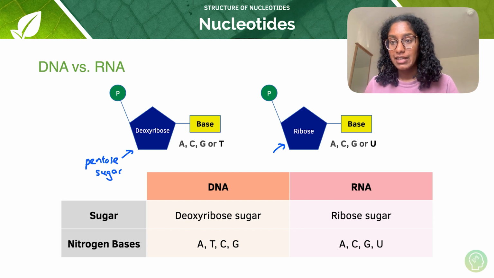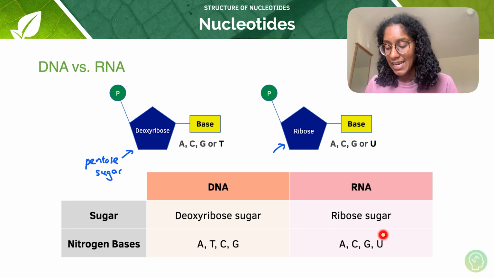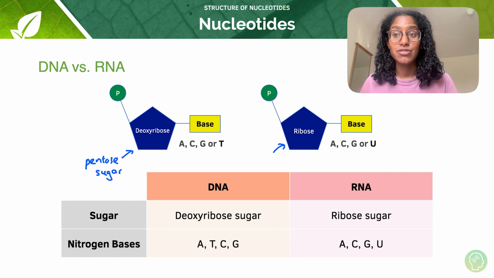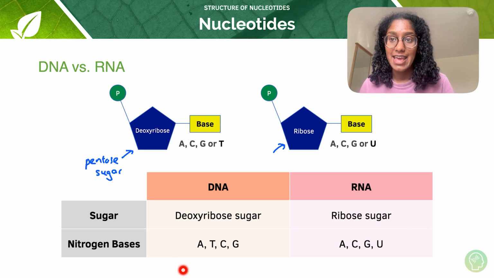DNA contains the bases adenine, thymine, cytosine, and guanine, whereas RNA contains adenine, cytosine, guanine, and in place of the thymine is a uracil base. So there's no thymine in RNA. That's a really important fact for you to remember. And equally, there's no uracil in DNA.